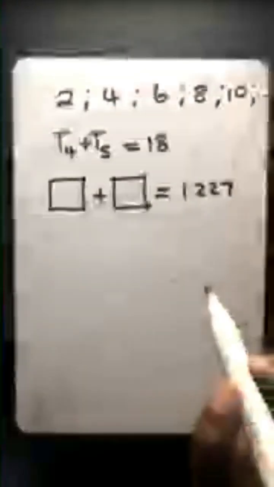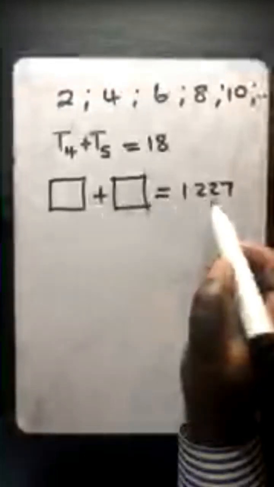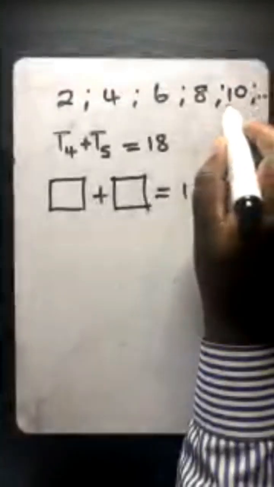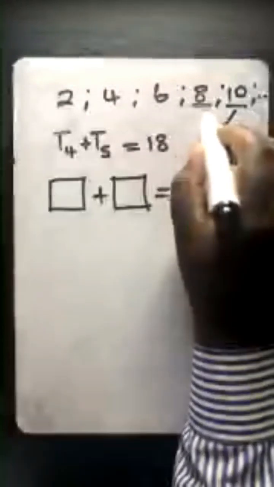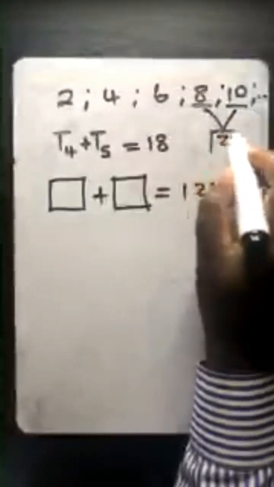So that means also in that chain, what they actually want is 10 minus 8, which is equal to 2. That is what the question wants you to calculate.